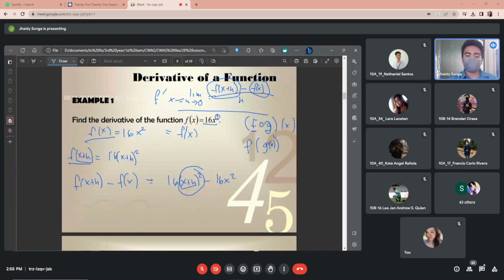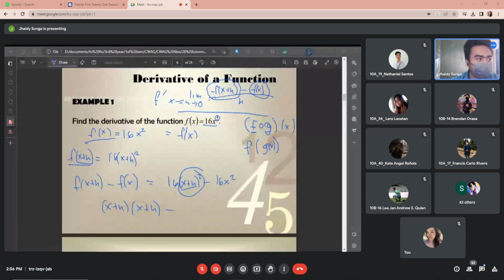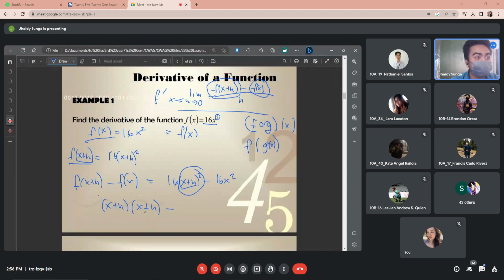FOIL that one because that is a binomial. That is x plus h multiplied by x plus h as well. Correct? Minus what? Oh, what's the FOIL of that one? That is x squared plus what?